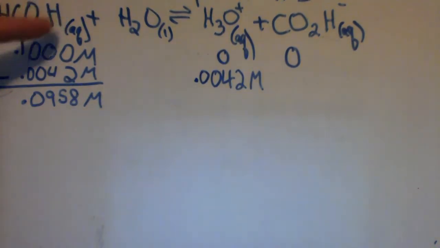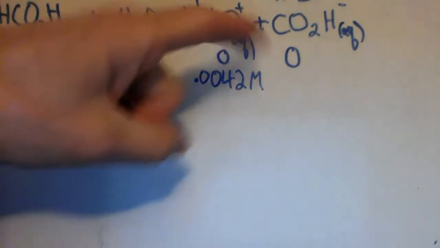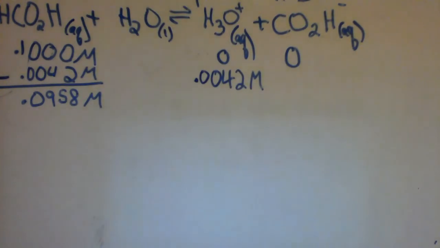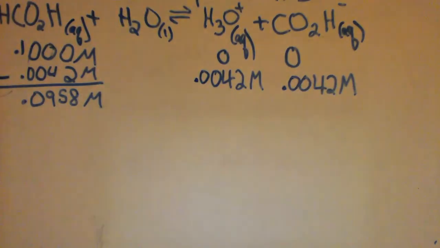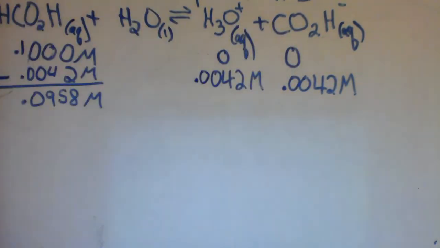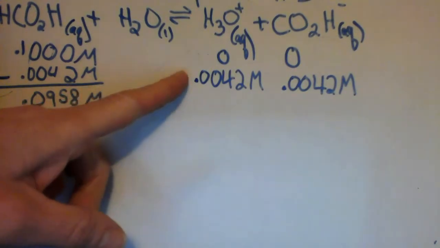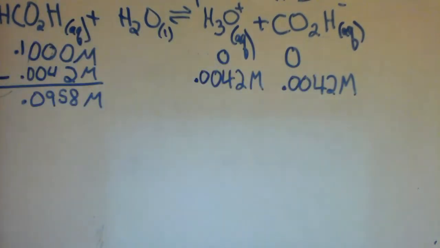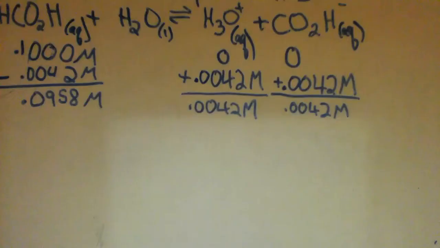Since one of these molecules breaks down to one of these and one of these, we know that the concentration of each of those is going to be the same. And since the concentration here is increasing as the reaction proceeds to equilibrium, we add the concentration to what the initial concentration was, which was 0. Now we know what the concentration of each part of this reaction is at equilibrium.